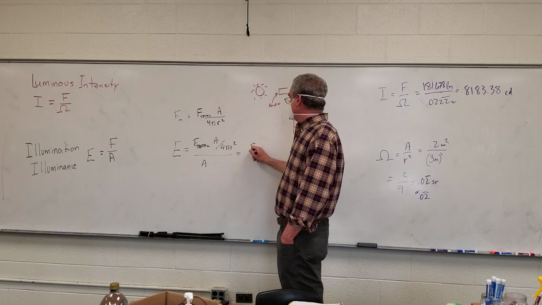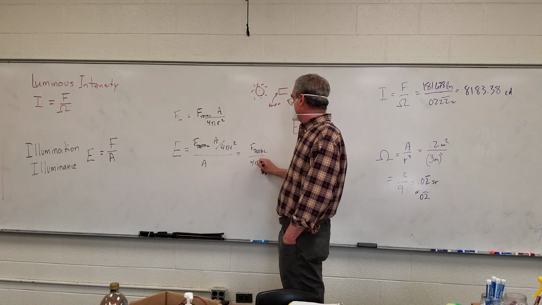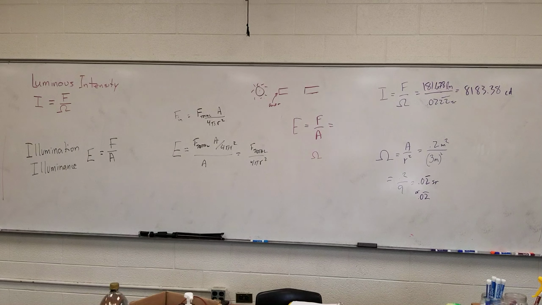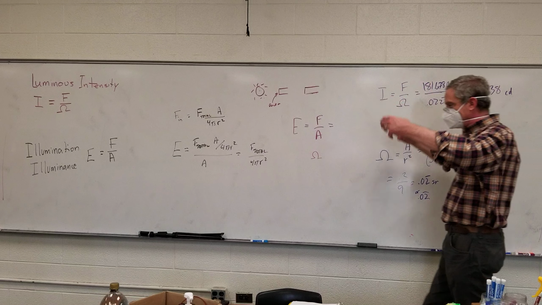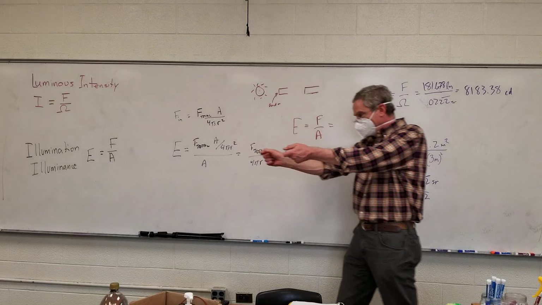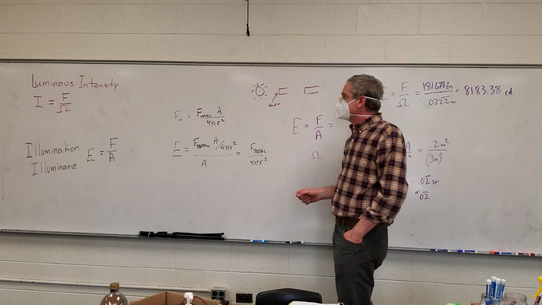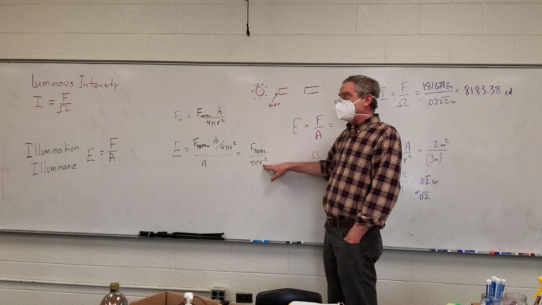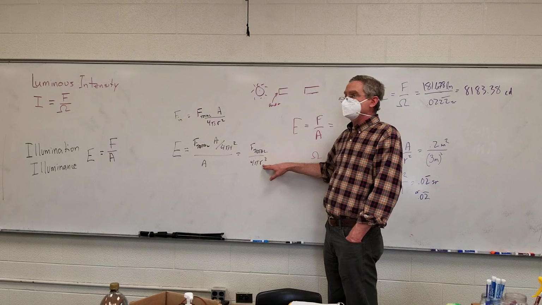And we end up with this total, F total over 4 pi r squared. What this is saying is that for a light source that's giving off all this energy within the visible spectrum, if I start pulling my sensor back, my illuminance should be inversely proportional to the distance squared.